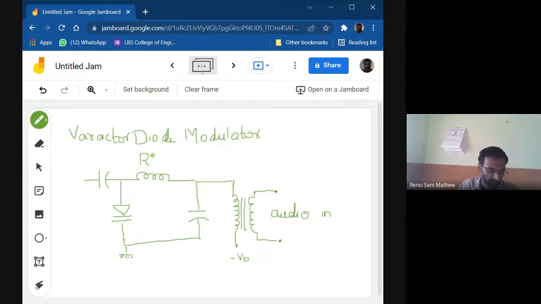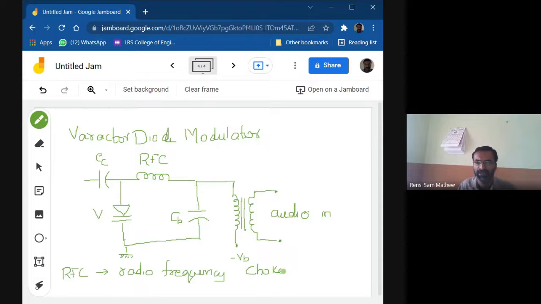This is actually an RFC. And this is capacitance, the coupling capacitance. This is the varactor diode. And this is the biasing capacitance. So RFC is a radio frequency choke.